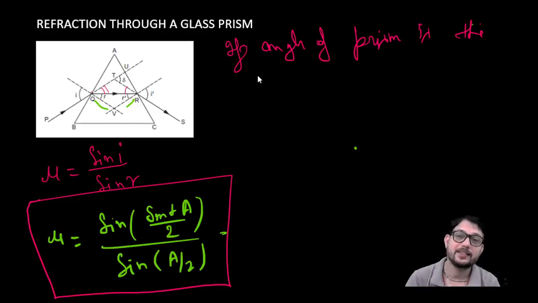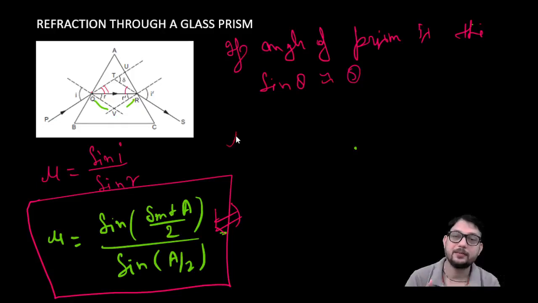Then we can simply say that if the angles are small, then sine and tan can be neglected easily. It means if we have sine theta, then we can simply write that it is theta. So this formula can be modified this way.